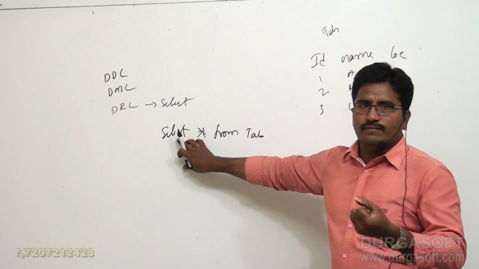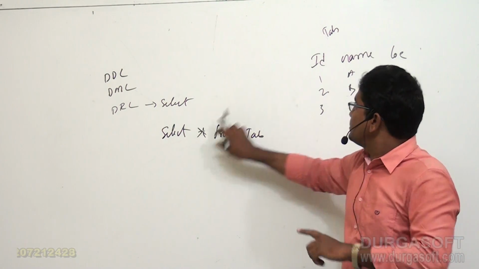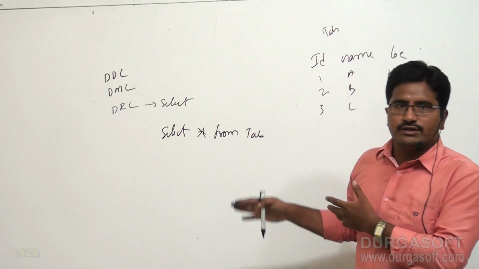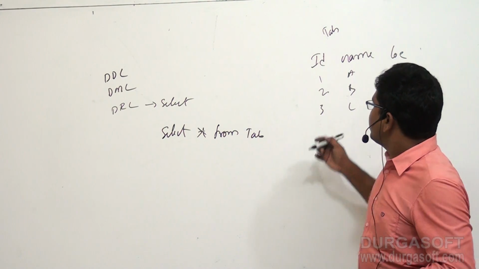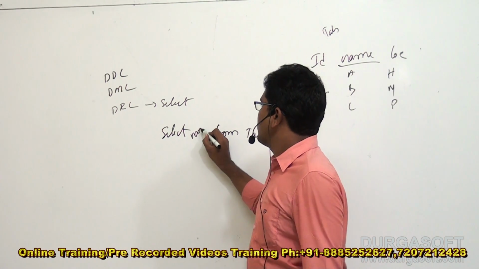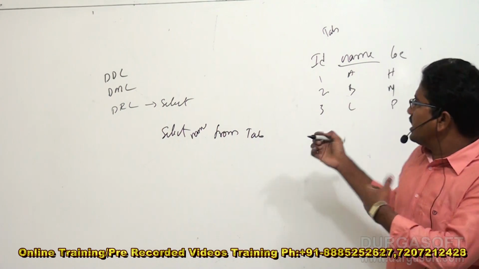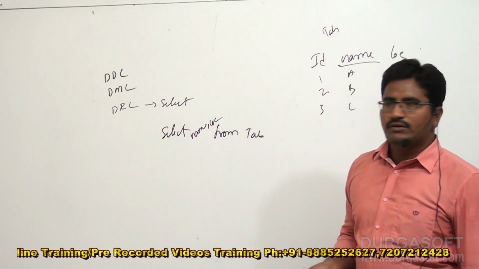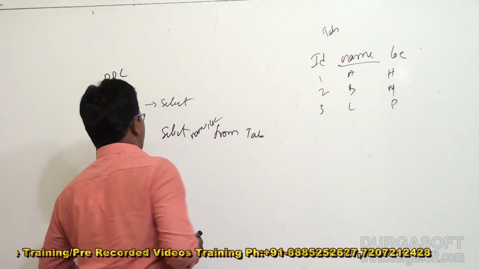Select means retrieving, star means all columns: ID, name, location. From which table? From tab. If I want to retrieve only name, then we use the particular column name. If I want to retrieve name and location, name comma location, like that. This is the example for the select statement.